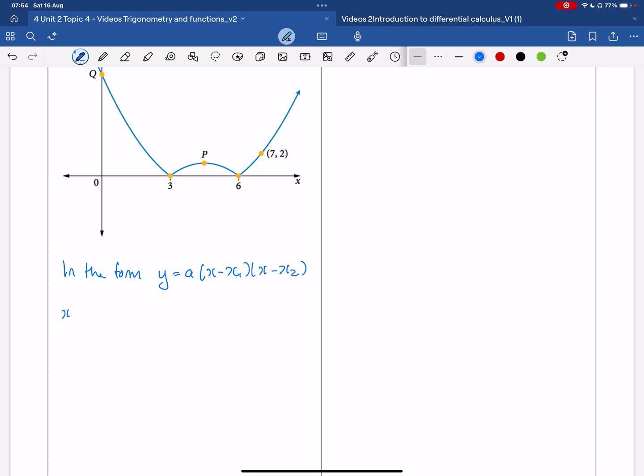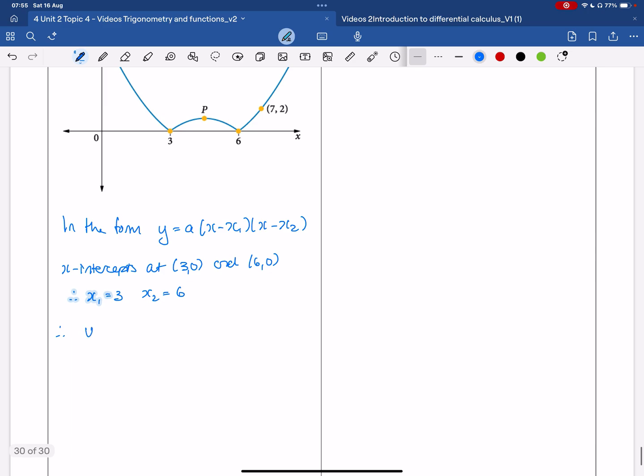I've got x-intercepts at (3, 0) and (6, 0). So therefore, x1 is going to be equal to 3 and x2 is going to be equal to 6. Okay, so I have y is a(x minus 3)(x minus 6).